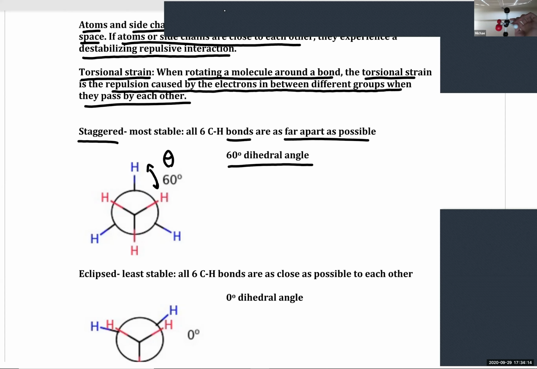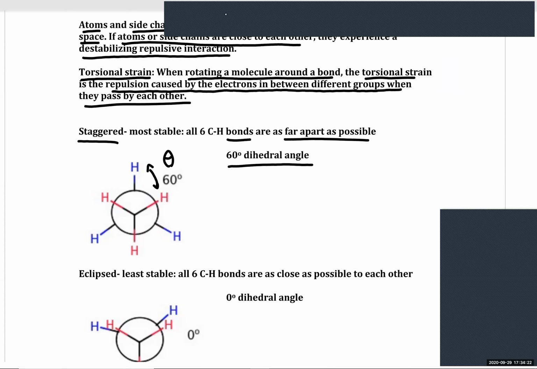This is known as the staggered conformation. Generally, the staggered conformations are low in energy because they minimize repulsive interactions between your substituents and bonded atoms.